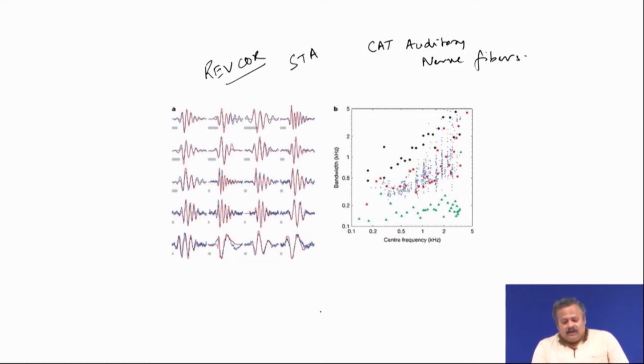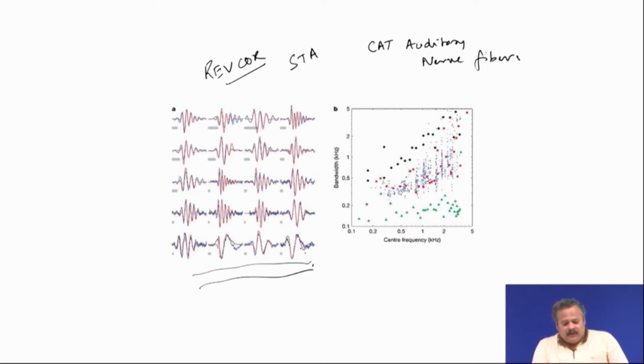So, in other words, the filtering properties of the auditory nerve fibers, which is what is shown on the left hand side for a variety of frequencies, low frequency to high frequency, are matching with these theoretical kernels.